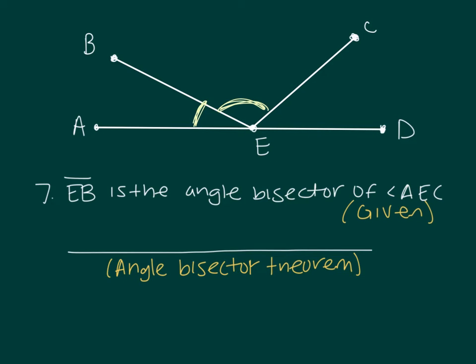So EB is the angle bisector of AEC, so we know that these two are congruent. So the angle bisector theorem would say that angle AEB is equal to 1/2 of the angle of AEC, right? Because if I know that this whole thing here is being bisected by this guy, then this guy is 1/2 of the whole angle.